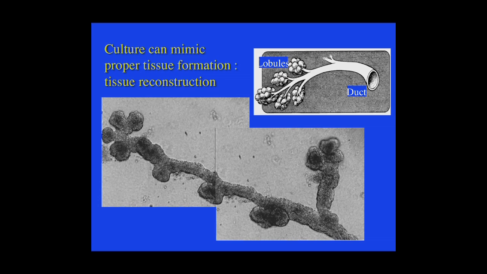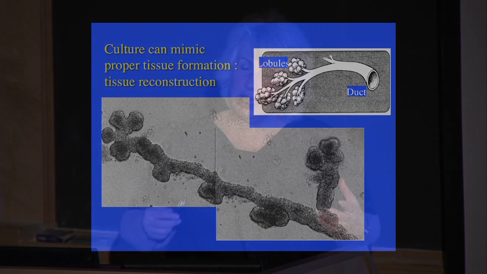So here's this ductal structure, and I told you if you put these cells together properly in the animal, you can mimic ductal structure, and you can even get this to form milk. So the idea is if you expose these cells to carcinogenic insults, can you turn this into cancer and study how it happens and how you can stop it? And this work has been going on for several decades.